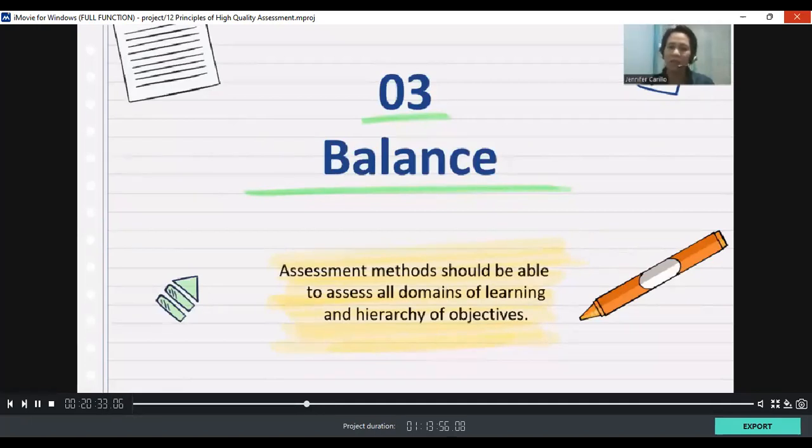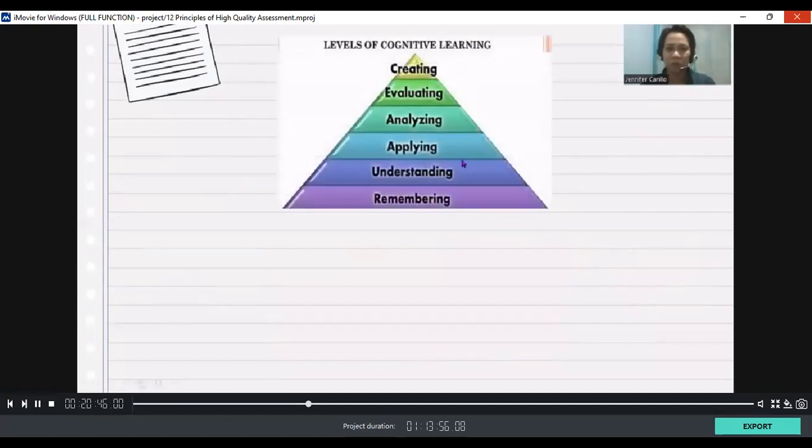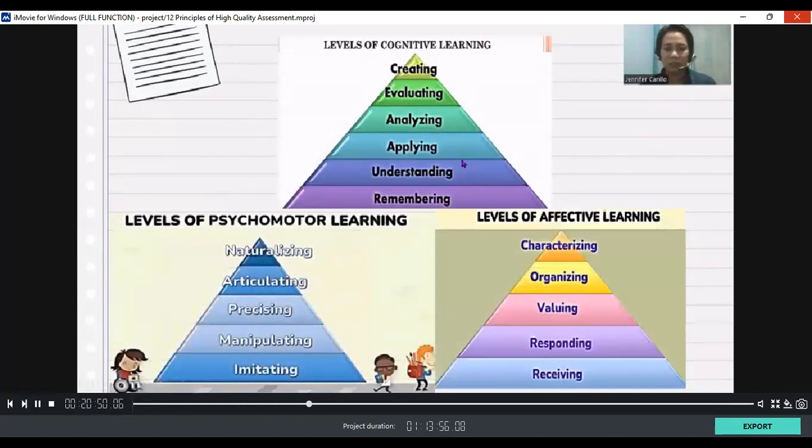So this means we should not only emphasize the cognitive domain, we should also develop the psychomotor and the affective domain.